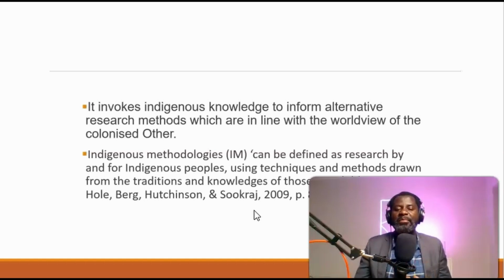You cannot impose methods on them simply because you conducted the research on them. It should be grounded in the data collected by indigenous people, and formulated by indigenous people.